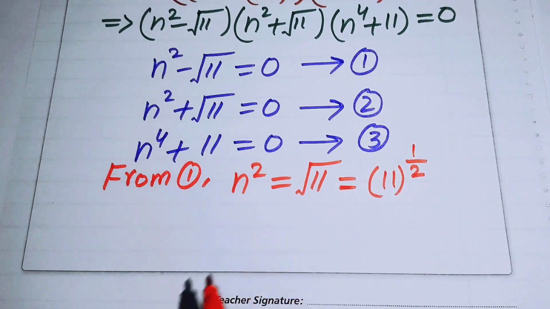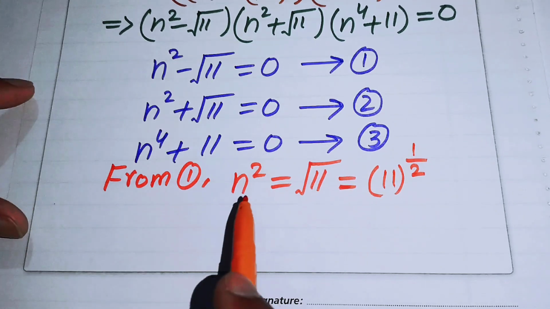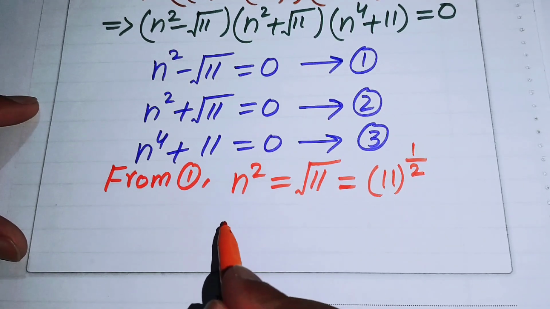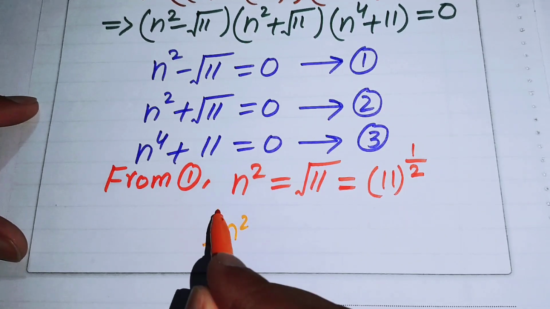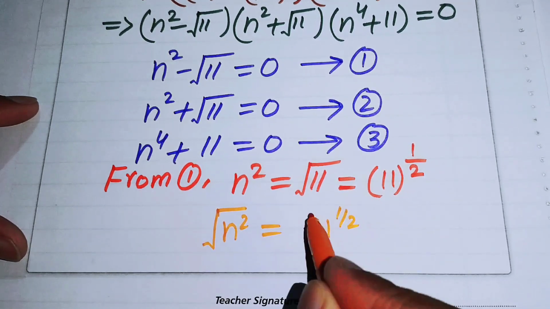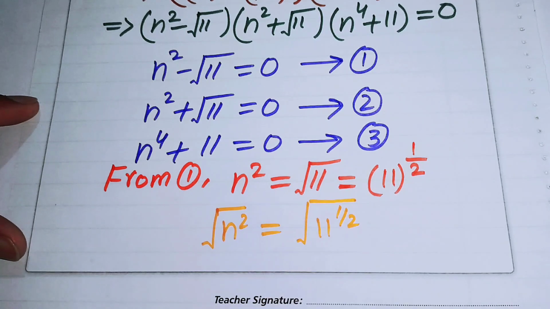Now in order to find the value of n, we will again take the square root on both sides, and here you have 11 to the power of 1 over 2 under the square root.